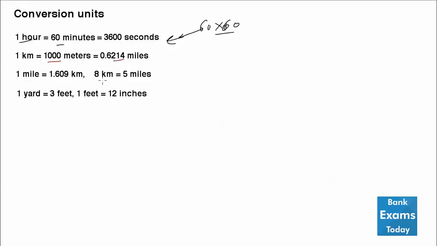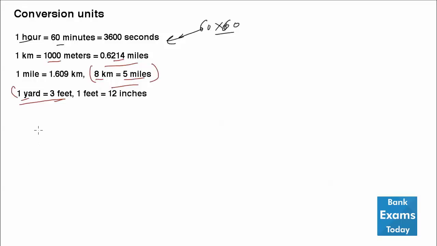So simply, 8 kilometers is equal to 5 miles. You should remember this: 8 kilometers is equal to 5 miles and 1 yard is equal to 3 feet. These are the most important conversion units that you should know.